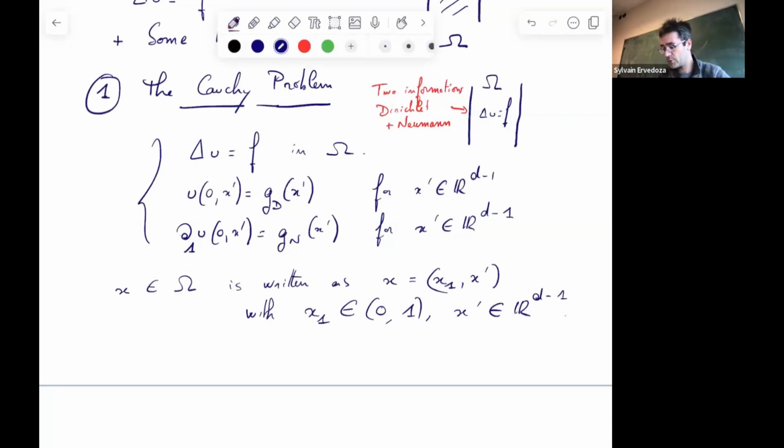Okay, and so the question is, can we recover u? So this is what is called the Cauchy problem for the Laplace operator.